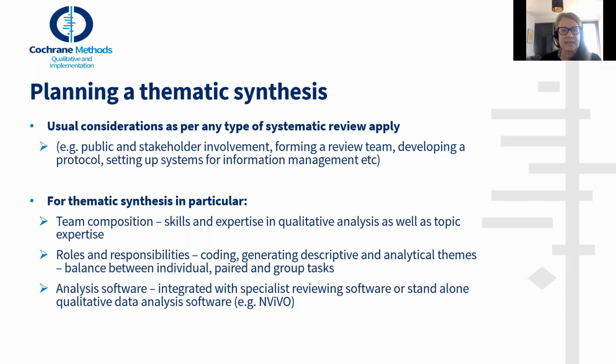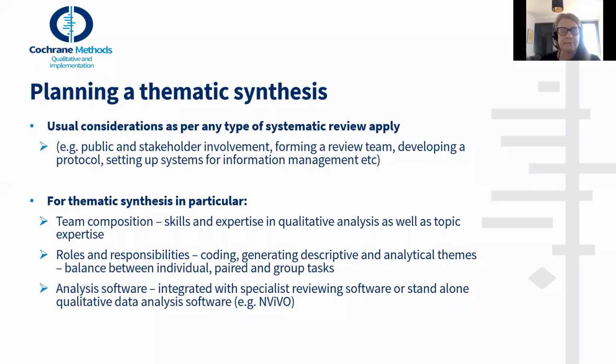But for thematic synthesis in particular, when you're thinking about team composition, obviously skills and expertise in this type of qualitative analysis, as well as topic expertise, is going to be important. Think through the different roles that the different team members may play.